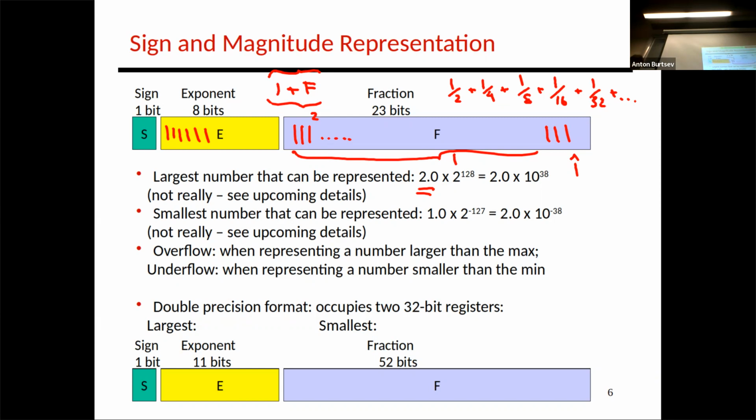So that's why here we actually represent exponents from negative 127 to positive 128. Essentially we shift it.